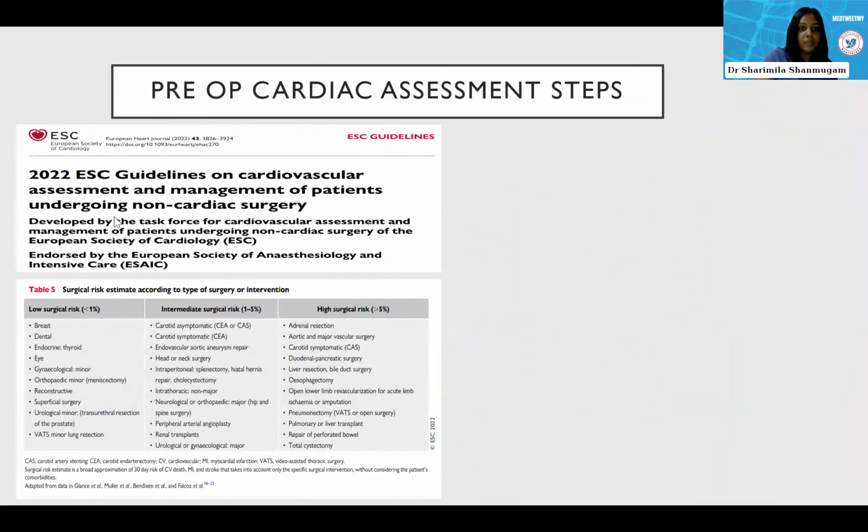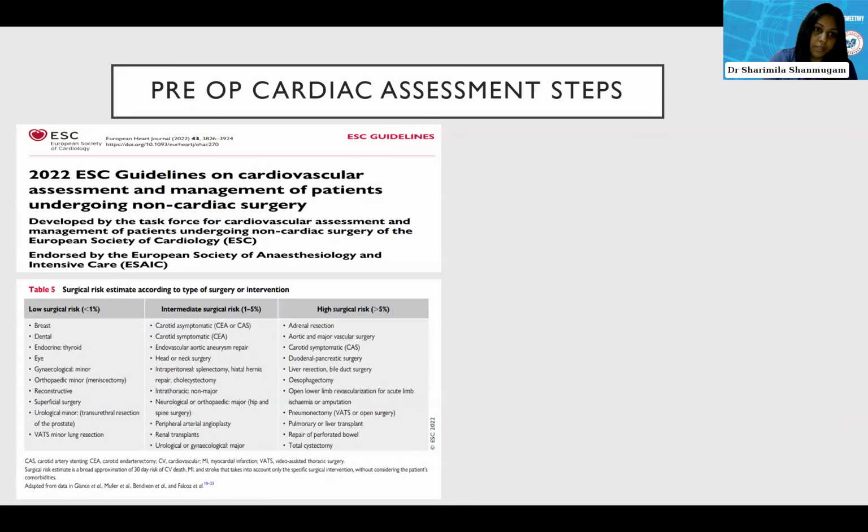So I'm going to use the ESC guideline. The 2024 guideline is a simplified version, but 2022 is quite comprehensive. I know the fonts are very small, but just to inform, why are we categorizing the surgical procedure risk, the type of surgery that is going to be performed? Because the risk carries the 30-day mortality, in terms of cardiovascular myocardial infarction, stroke risk, as well as mortality.